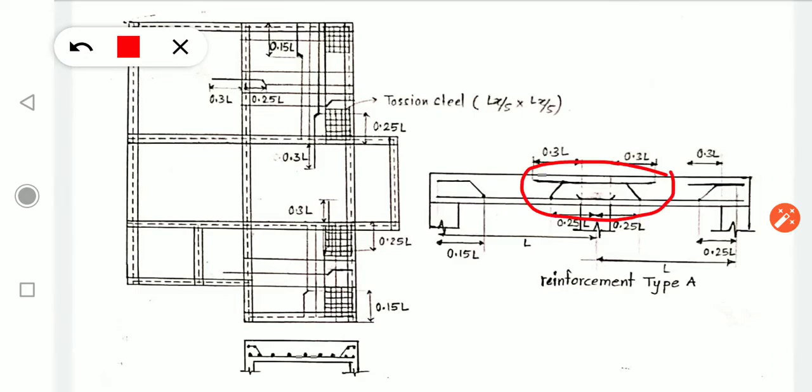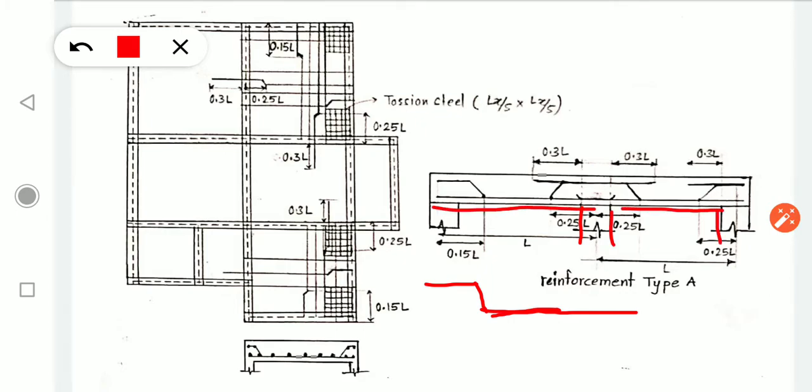Okay, now see, when you place reinforcement like this in your panel, you will continue that over a support. Why are you continuing that? Because there should be continuity in the reinforcement over each panel of your structure.